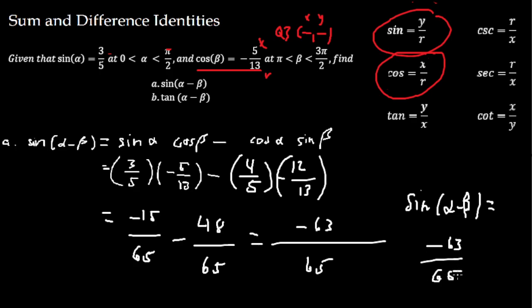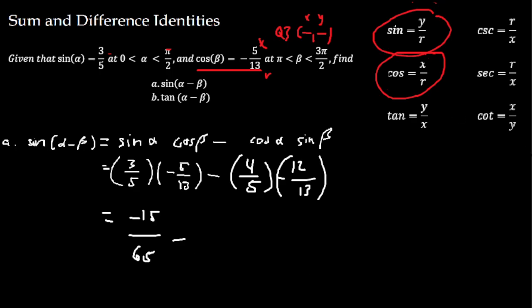Now, let us check using the calculator. 3 over 5, 5 over 13, minus 4 over negative 2. So it shows 63 over 65. Okay, I made a mistake.